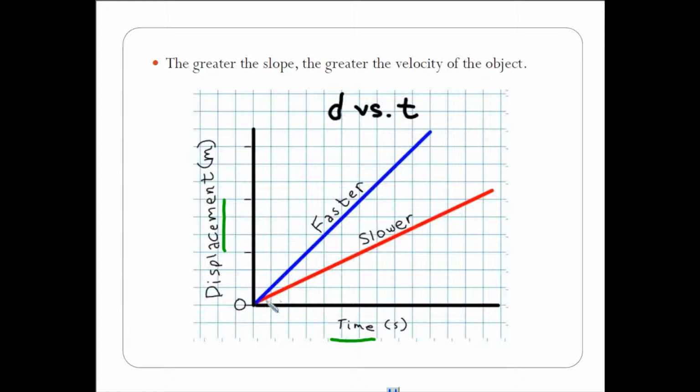So for a slope that is lower, you can assume immediately that that object is moving slower than the object whose slope on a displacement versus time curve is greater. Remember, slope on a displacement versus time curve is the velocity of the object, so the steeper the slope, the faster the object is moving.